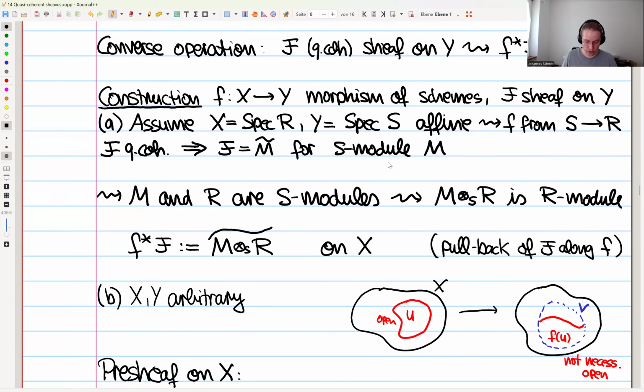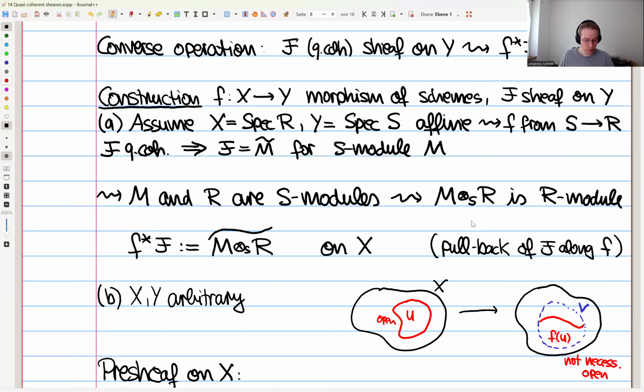One's from this map and one's by assumption. And so we can take the tensor product over S. And this is not only an S-module, but in fact, it's also an R-module, because now if you want to multiply by an element in R, you can just multiply in the second coordinate. This is the standard trick to get a new module over a new ring, just tensor with this ring.